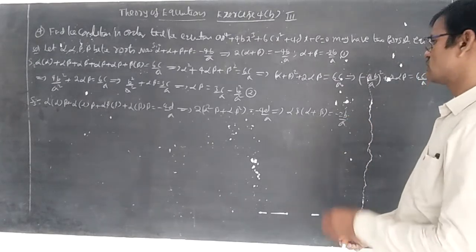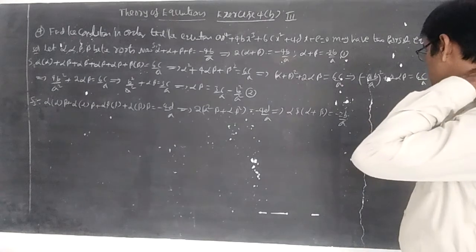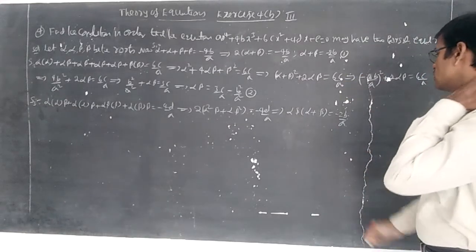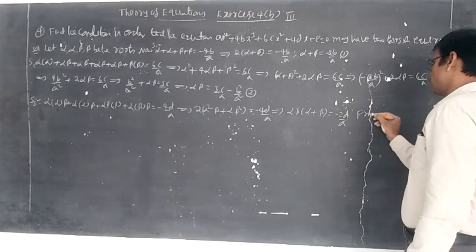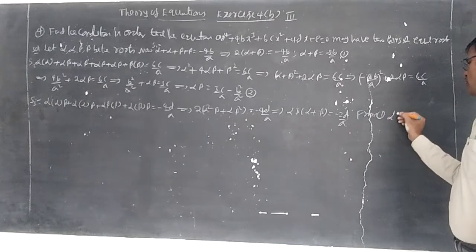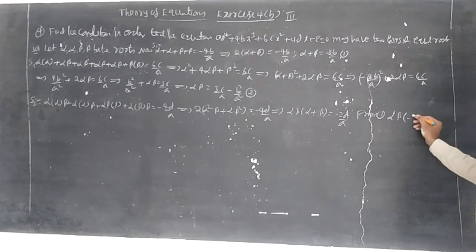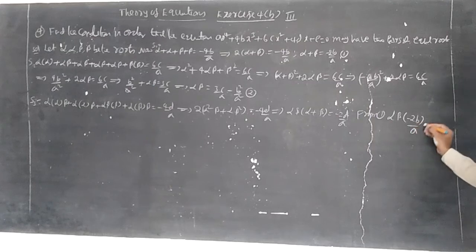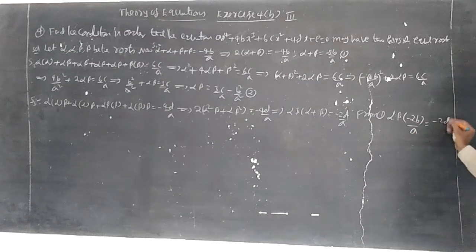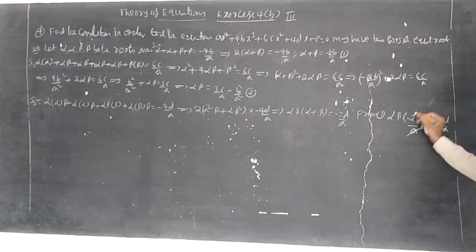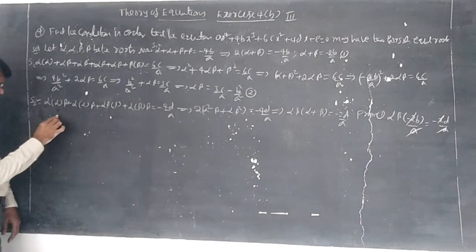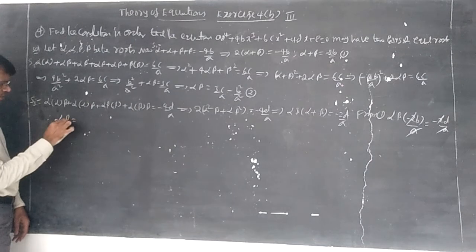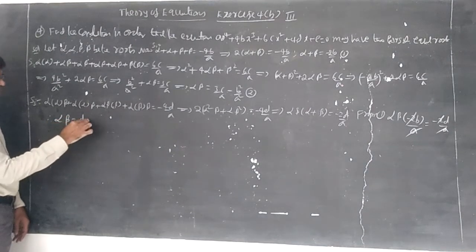Now alpha plus beta we got as minus 2b by a. Here 2d, minus 2b. Now we can write from equation 1: alpha beta into alpha plus beta, meaning minus 2b by a, is equal to minus 2b by a. The a and a get cancelled, the minus 2 gets cancelled. Now we got alpha beta is equal to d by b. Therefore alpha beta is equal to d by b.